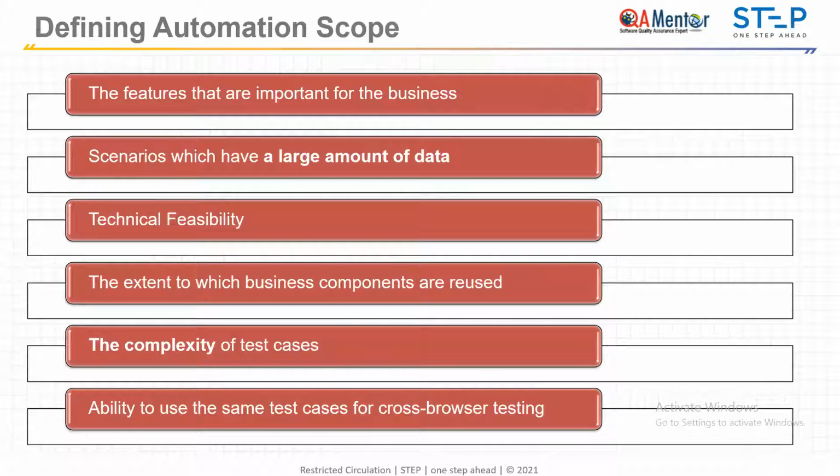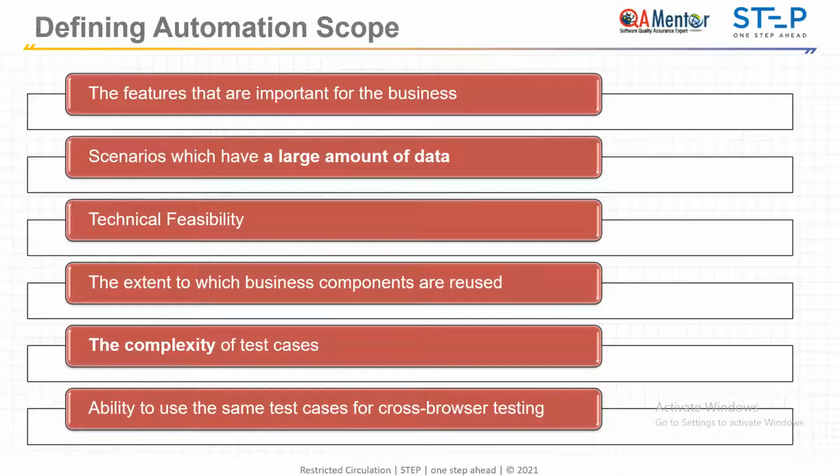Then scenarios which have a large amount of data. Whenever we are taking care of automation, if we want to test a large amount of data manually, it will be very hectic, and as a person we can miss things. So whenever a large amount of data is there, we need to take the automation in scope. Then technical feasibility, and the extent to which business components are reused.